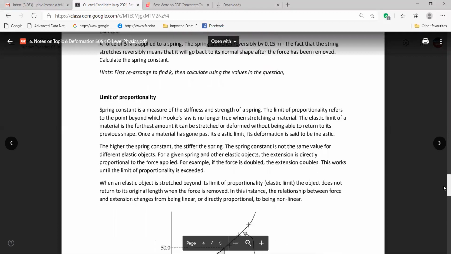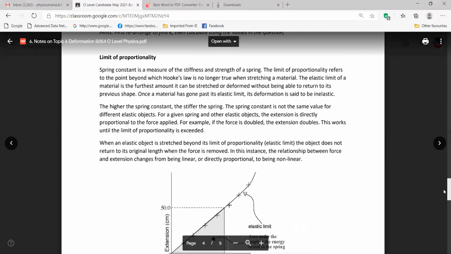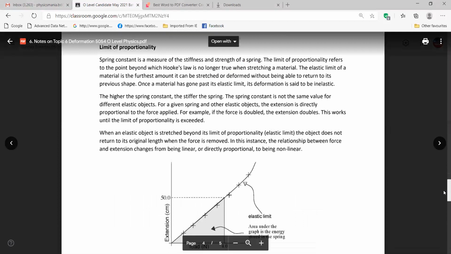Then you are having here limit of proportionality. Can you read this part? Spring constant is a measure of stiffness and strength of a spring. The limit of proportionality refers to the point beyond which Hooke's law is no longer true when stretching a material.